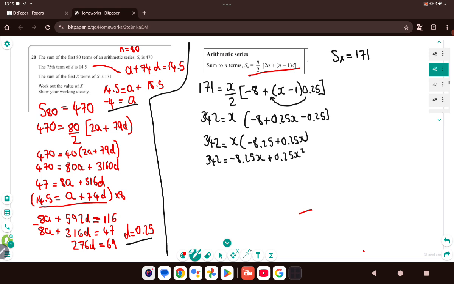We've got a quadratic equation. Bring everything to the right hand side by taking 342 from both sides and reordering. So 0.25x squared minus 8.25x minus 342. I'm going to multiply everything by 100 because I don't want my decimal point there. You could leave that in there and still put it in the formula.